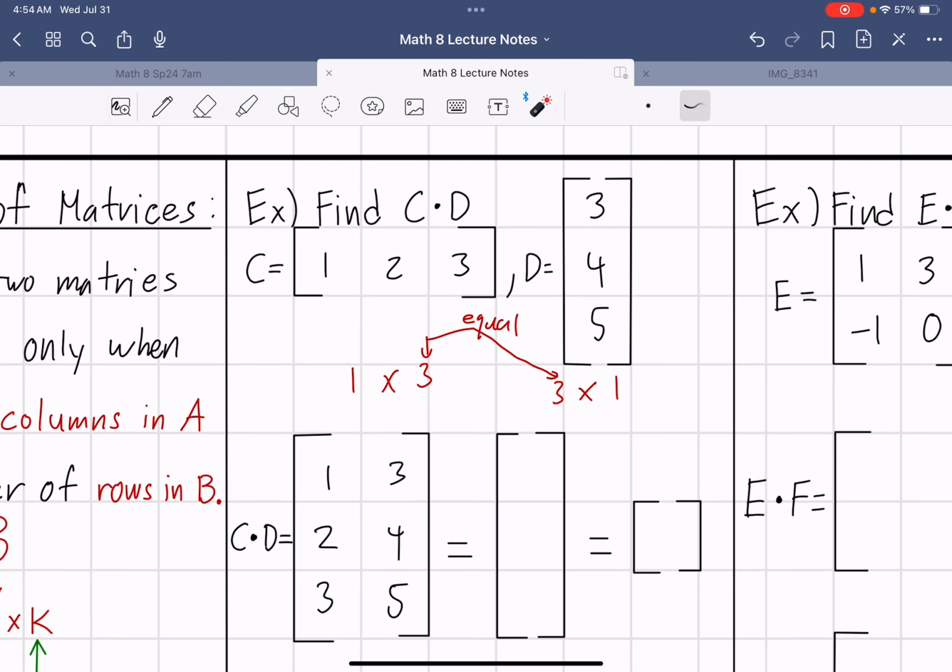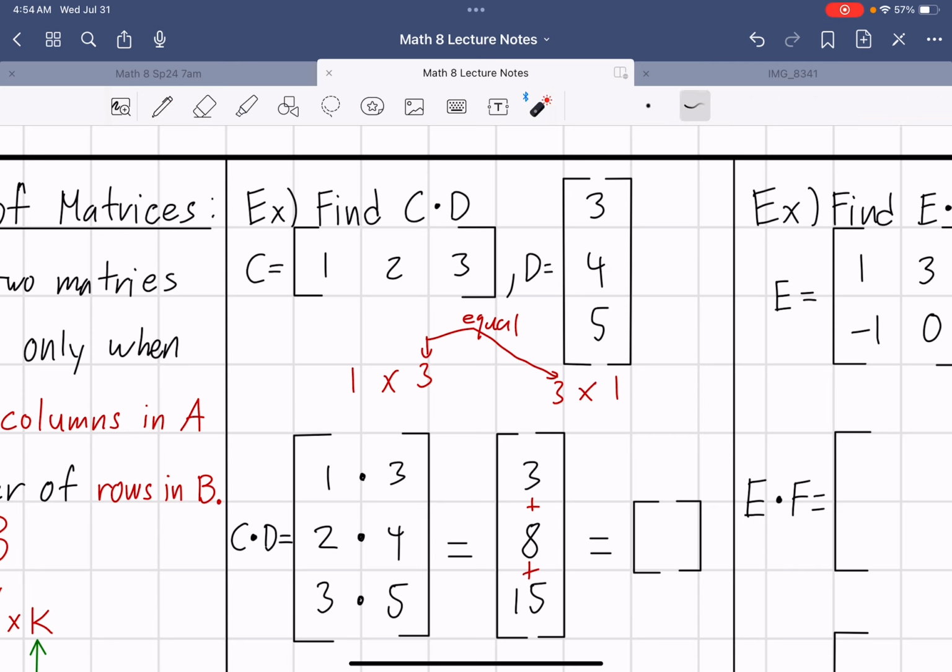Now, what are we going to do with all these? You're going to multiply them all together, straight across. 1 times 3 is 3. 2 times 4 is 8. And 3 times 5 is 15. Now, you have to take each one of these products and add them together. I probably should have written this differently, because it seems that it became a single column, but it's not really becoming a single column.